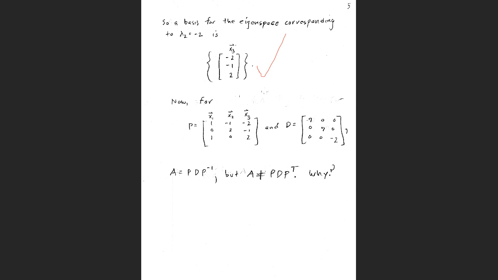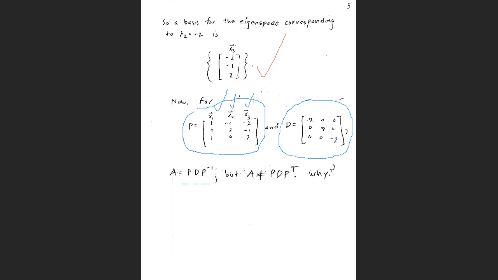Okay, so here we are then. Here's the basis for the second eigenspace. And I'm going to construct the matrix P here with the eigenvectors I found and a matrix D. And it will turn out that the matrix A will equal P times D times P inverse, because these three eigenvectors are linearly independent.